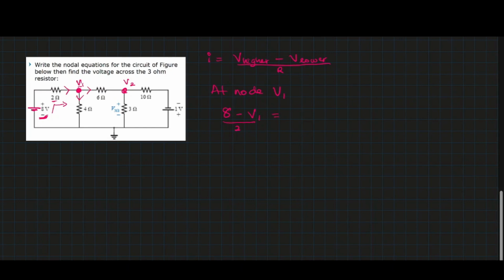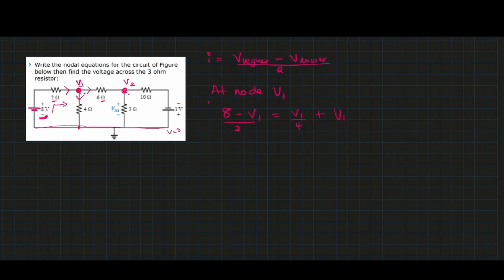And the current exiting the node is going to simply be V1 over 4, because across the 4 ohms, the voltage here is V1 and the voltage here is 0, at ground position voltage is 0. So V1 minus 0 over 4, plus the one across the 6 ohms, which is simply V1 minus V2 over 6, because those are the voltages across the 6 ohms resistor.